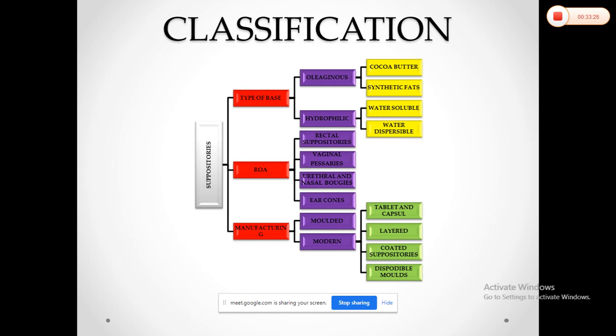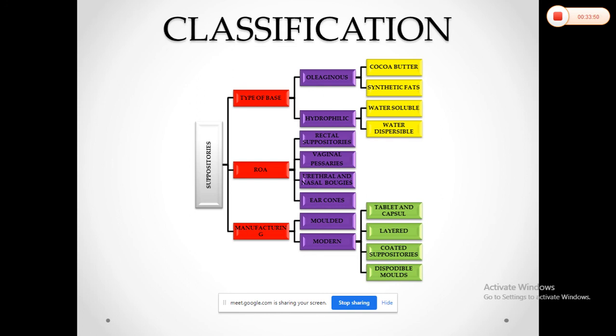At the time of insertion, whatever our formulation is will remain in the disposable mold, and it cannot be reconverted into another form after cooling. For that purpose, this disposable mold method is very useful.